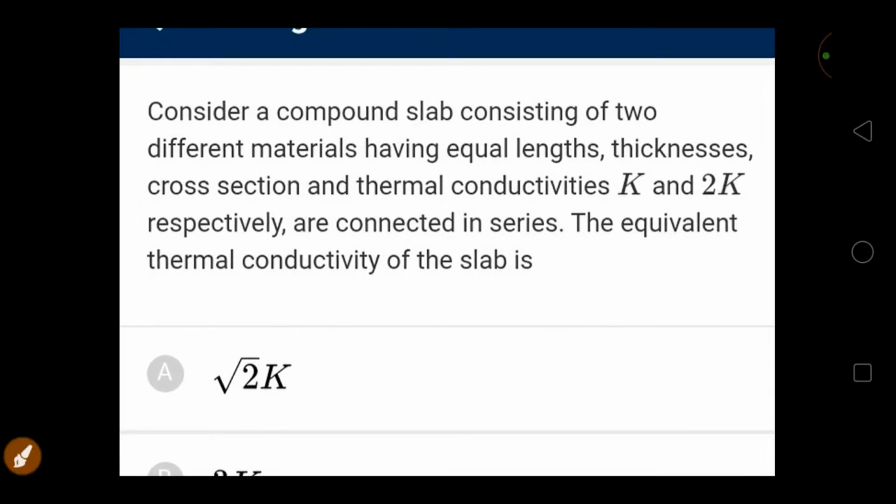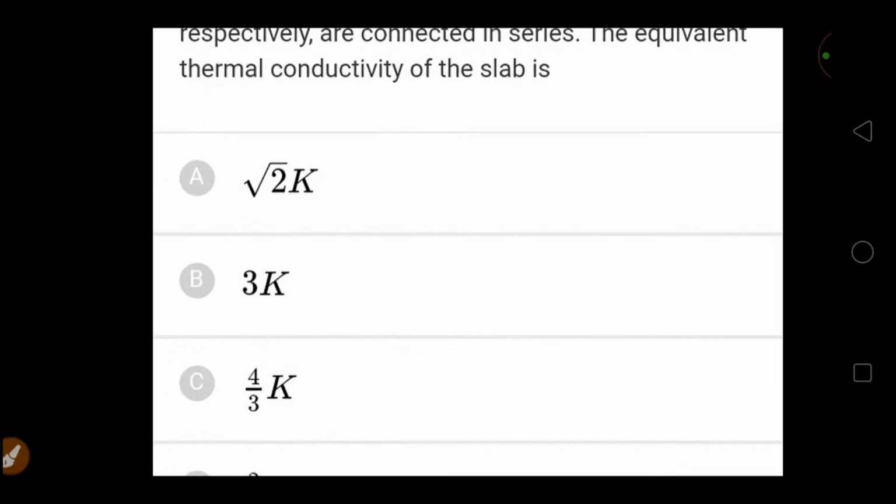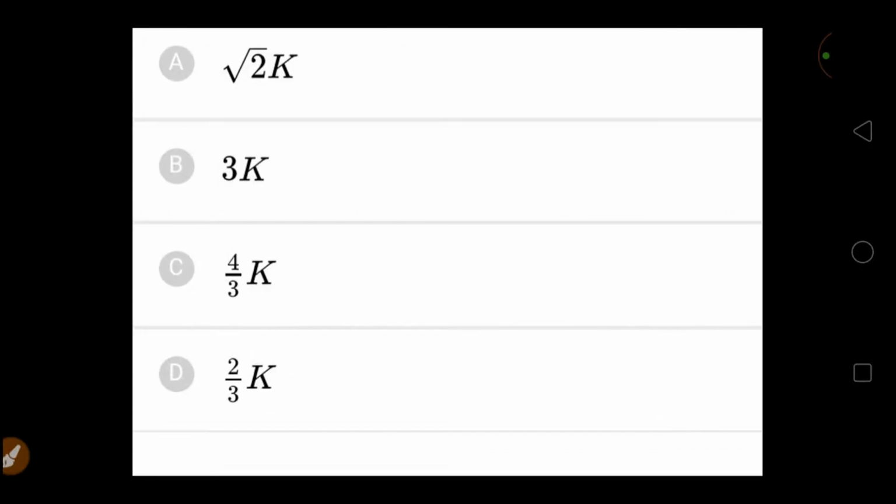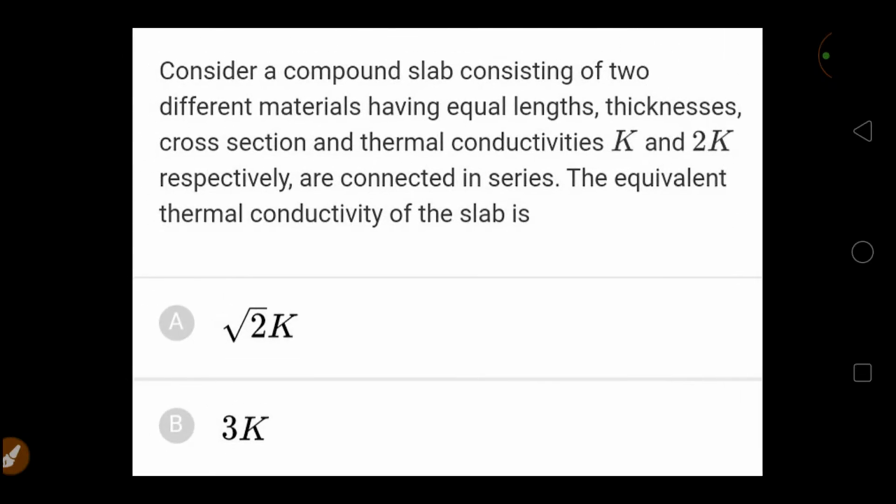Consider a compound slab of two different materials having equal lengths, thickness, cross section, and thermal conductivities K and 2K respectively, connected in series. The equivalent thermal conductivity of the slab is: root 2K, 3K, 4K by 3, 2K by 3. Okay, so two slabs.